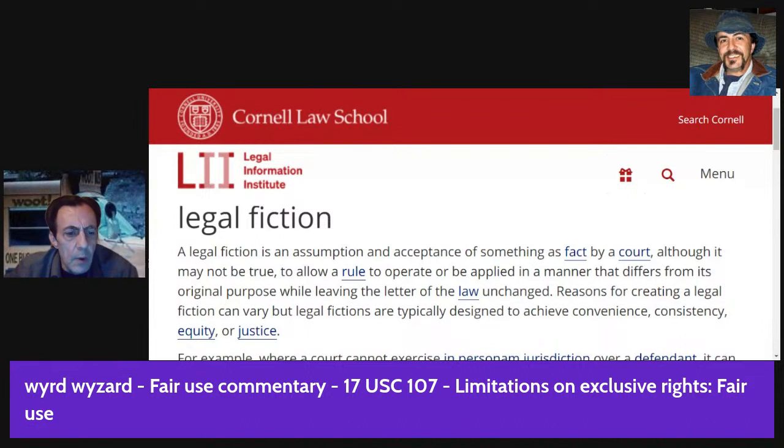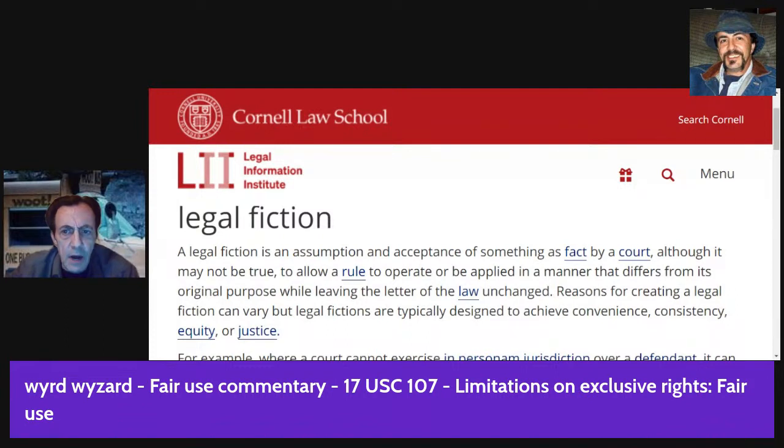we have departmental regulations. The head of an executive department or military department may prescribe regulations for the government, blah, blah, blah. And this is the short codified part in the U.S. Code.